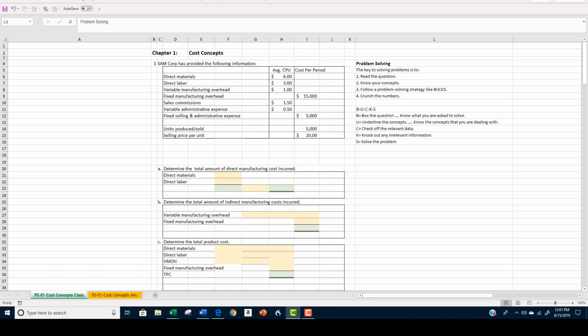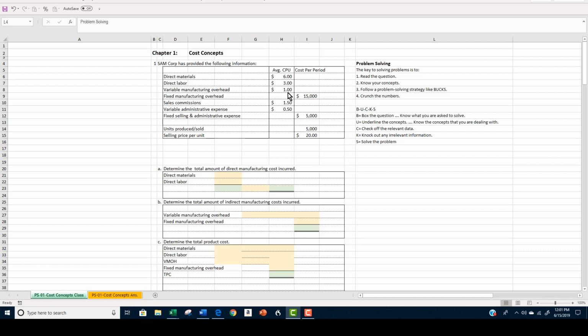Data provided by the SAM Corp is listed on a per unit basis as well as a per period basis. Direct material, direct labor, and variable manufacturing overhead are all variable costs and as such are listed on an average cost per unit basis.